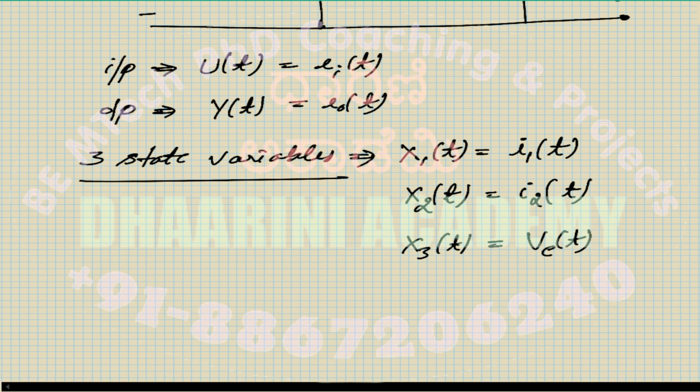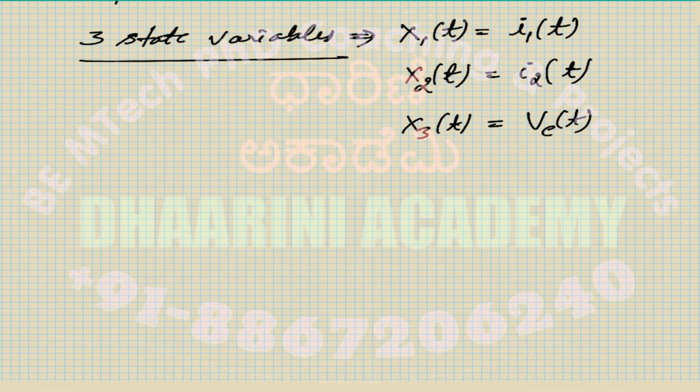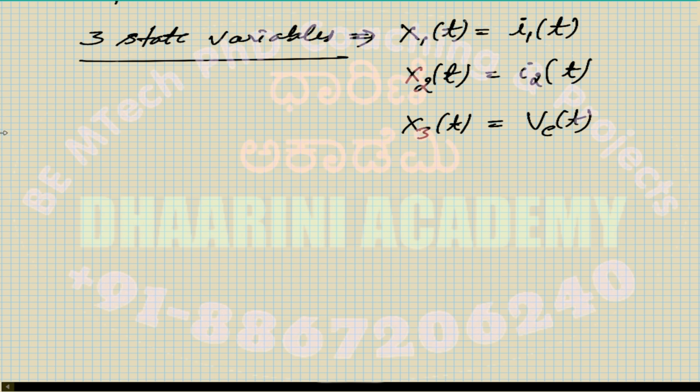When you write the equation of the first loop, you get E1 of t equals L1 into di1 of t by dt, plus Vc of t.